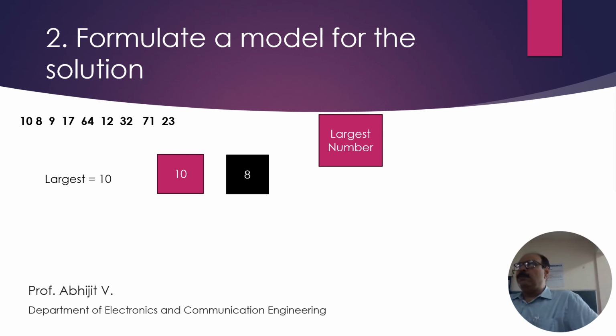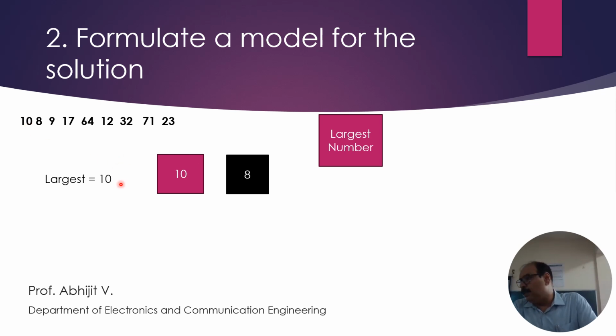So now we are going to write an algorithm to find out the largest number from a set of numbers. Here we have taken up 9 random numbers, for example. Like what we have done in the morning, we have a box, the red box, which stores the largest number. Let us assume that the largest number is 10.